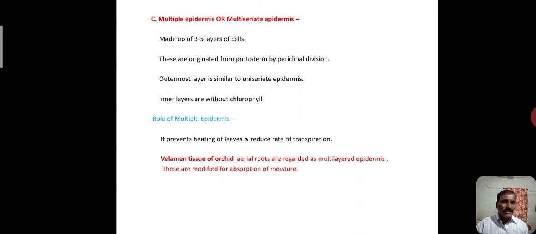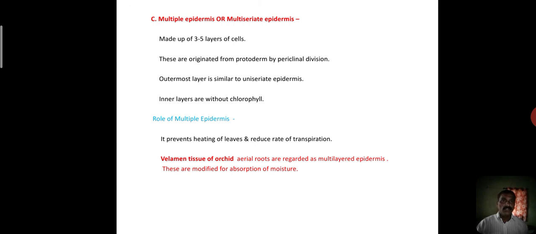The outermost layer is similar to the uniseriate epidermis. If you see the single-layer epidermis, it is just like the single-layered epidermis. The outermost layer of this multiple epidermis is similar to that uniseriate epidermis. The outer layers are with chlorophyll and the inner layers are without chlorophyll.